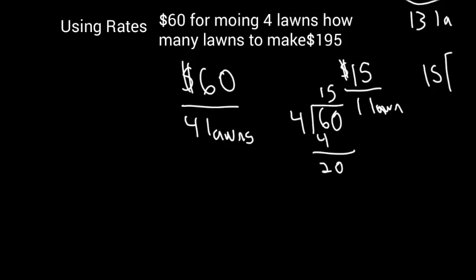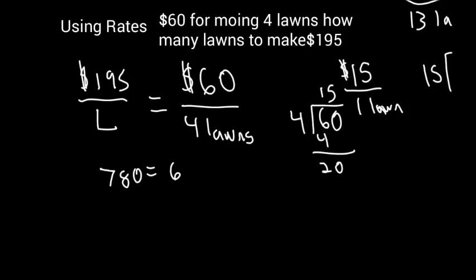The other way to do this is to set up a proportion. So you still start with your rate of $60 for 4 lawns, and then you make it a proportion, and money's on top, so I'm going to keep money on top. And then I'll just put an L there for lawns. And so here you do 4 times 195, which is 780, equals 60L.